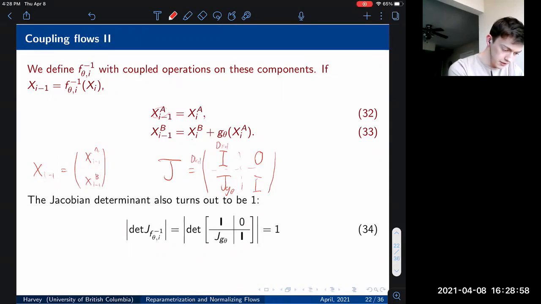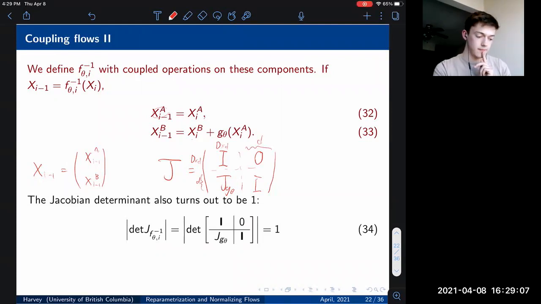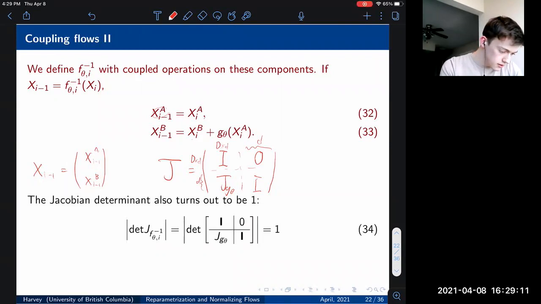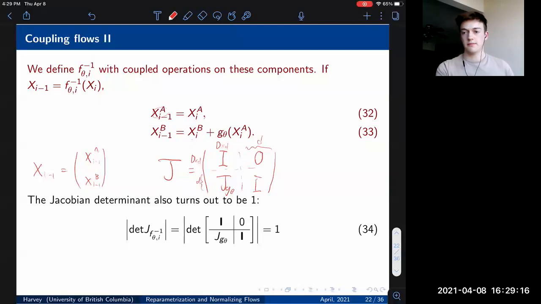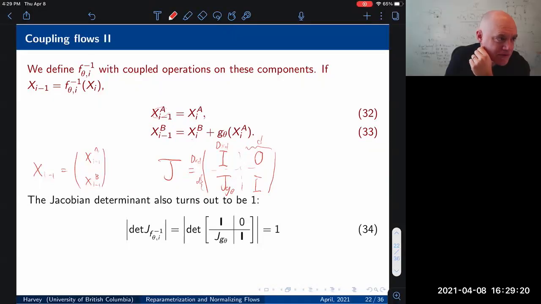This side is going to be d by d. This is d dimensions. This is d dimensions. So, yeah, I don't think we need to say anything about the sizes.